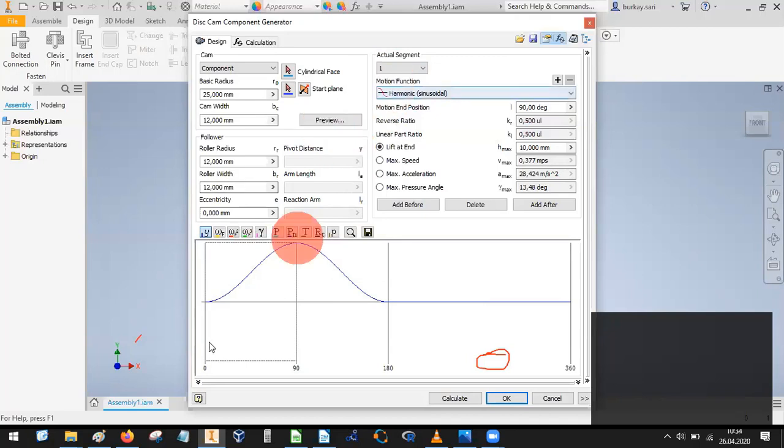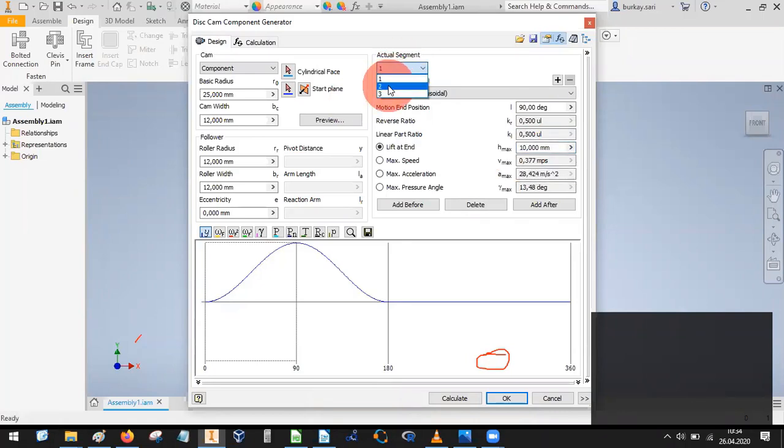The first segment starts at 0 degrees till 90 degrees, which is this one. And at this point, the lift at the end, which is the cam, has to be lifted at the end of 90 degrees, which is 10 millimeters.